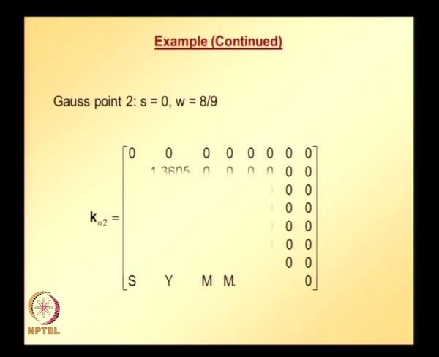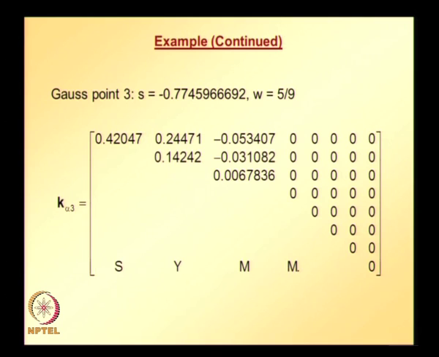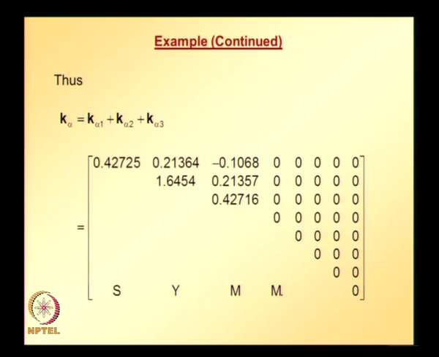Similarly, the second integration point contribution by taking the shape function vector at this point, and the third integration point contribution, and summing all the contributions we get the k alpha matrix. So, this is how we can evaluate area integrals and boundary integrals for both the 4 node quadrilateral element and the 8 node serendipity element.